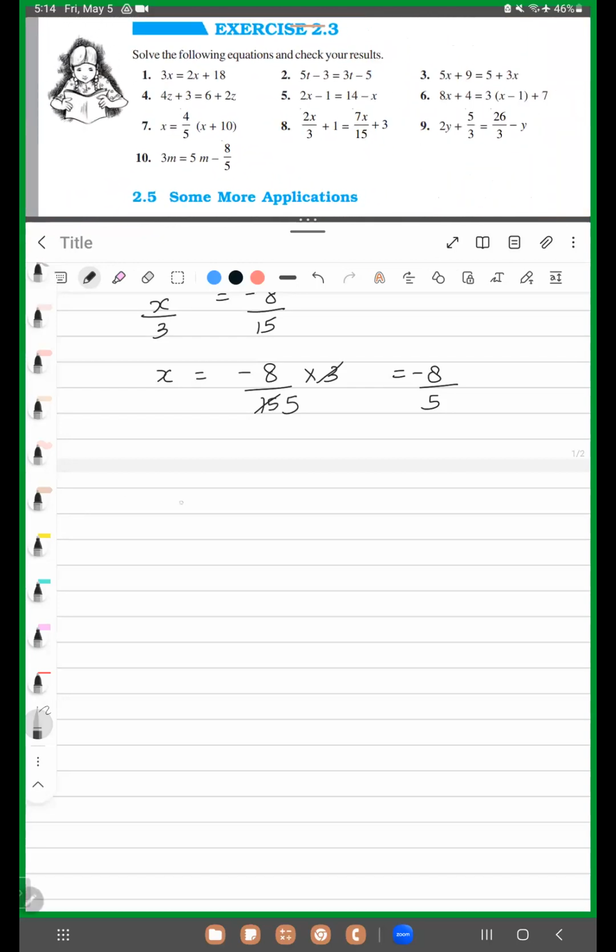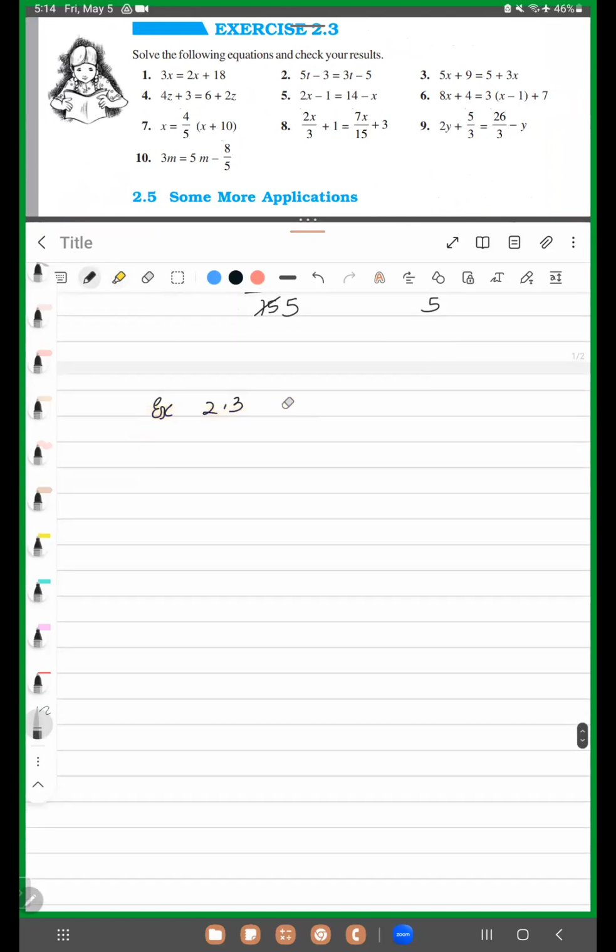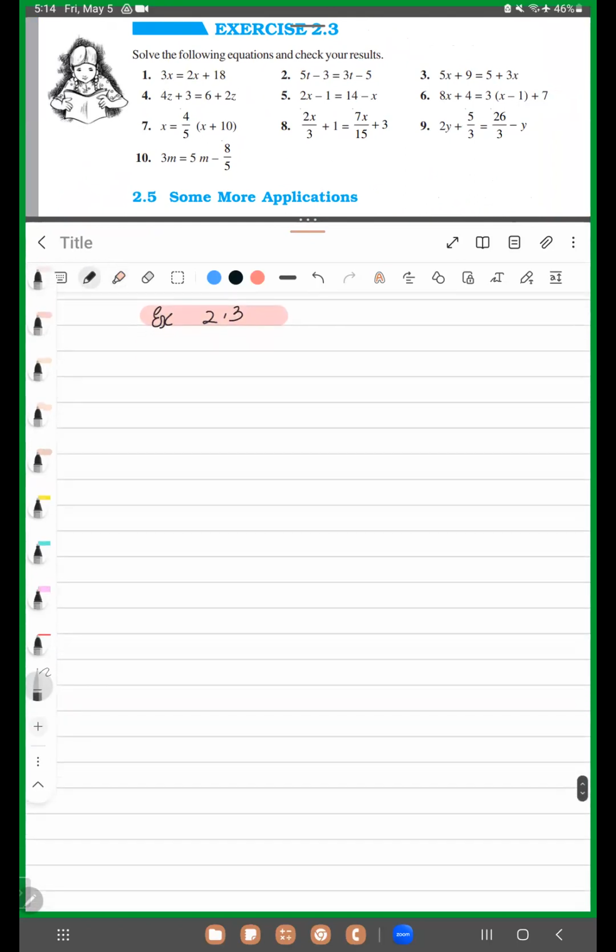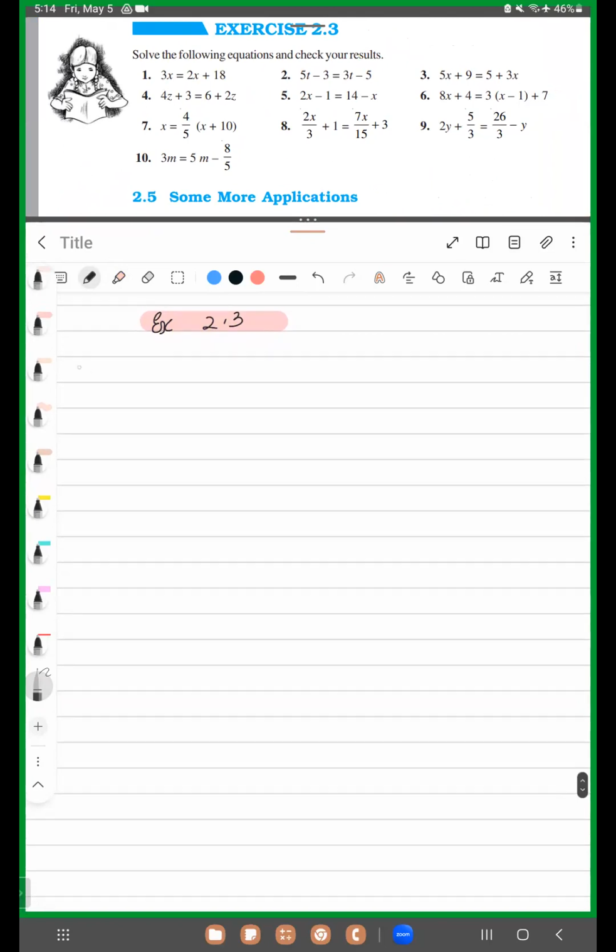Solve the following equations and check your results. ठीक है? This one is not that hard. I can do it by myself. पक्का? Yeah. I will go and send you the. Okay.